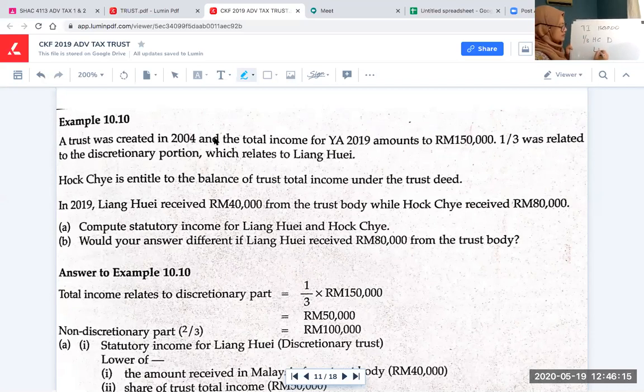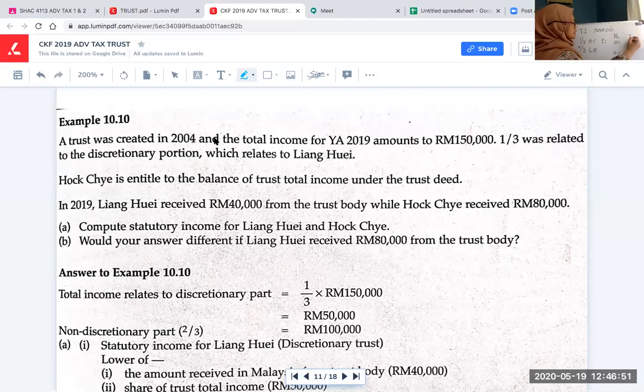Liang Hui received 40,000 while Hok Chi received 80,000.